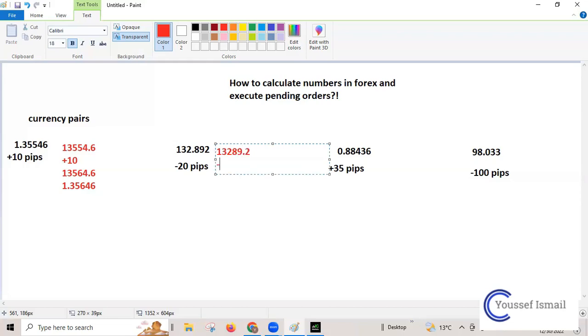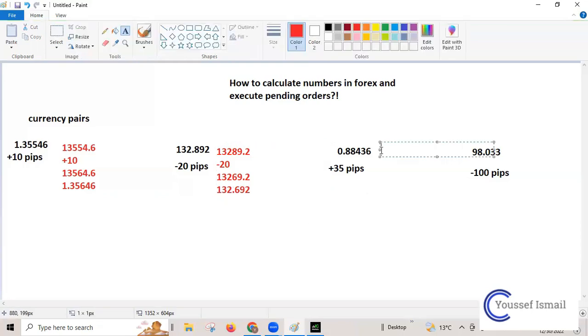And then we're going to subtract 20 from this number. So the result, if we use our calculator, will be 13269.2. And when we convert that to its original form, it will be 132.692. Okay, this is for the second example.